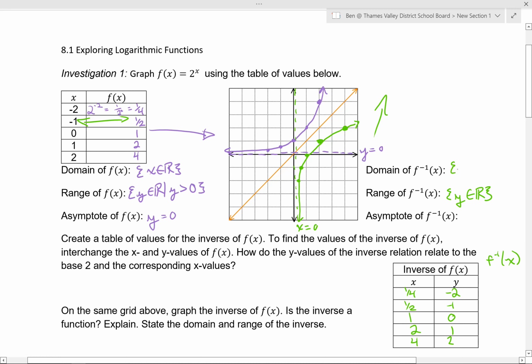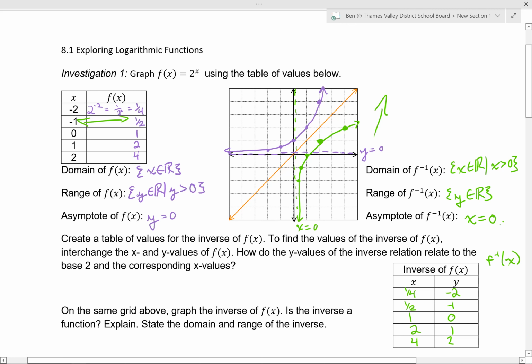So our domain is x is an element of the reals such that x must be greater than 0. We notice the parallels that we discovered when we were first exploring inverse functions. Any restrictions that were on our range are now on our domain and vice versa. The asymptote is at x equals 0. Okay, fantastic.